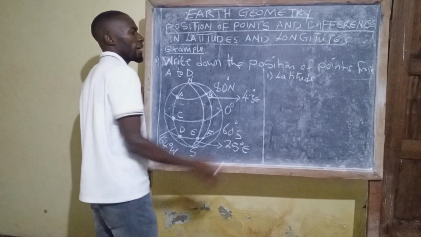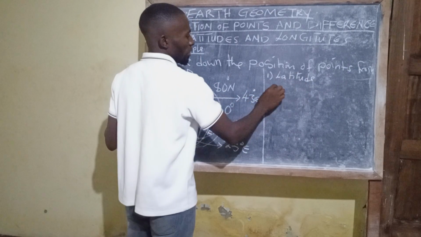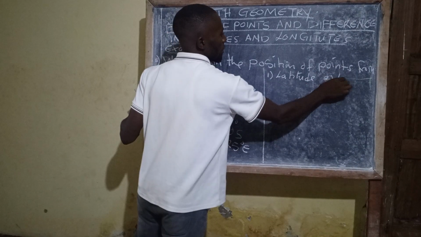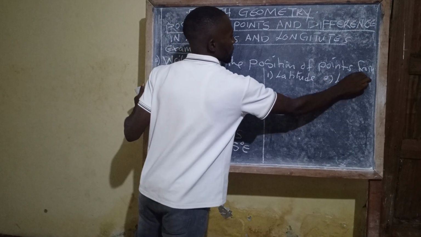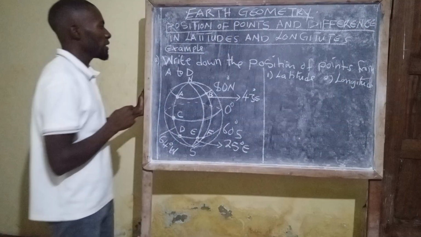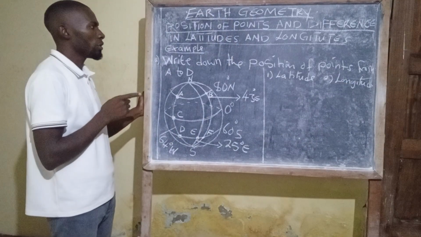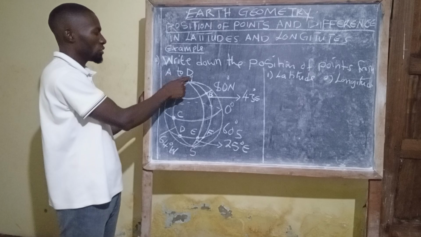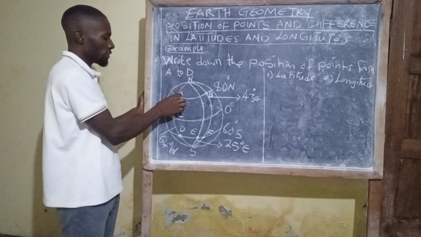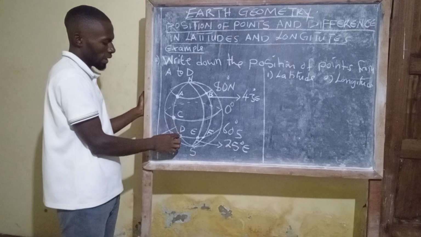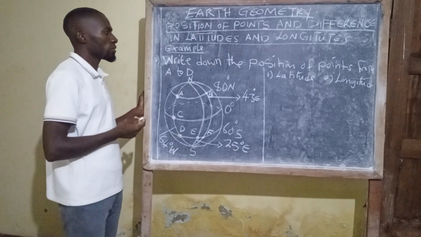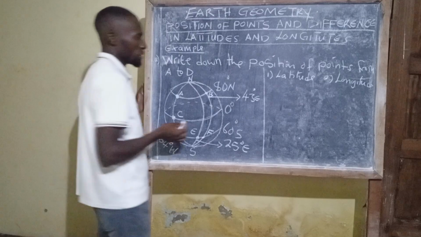Then after you identify the latitude, what follows is to identify the longitude. The question says, write down the position of points from A to D. So they want us to find the position of points A, B, C, and D. How are we going to write down the position of these points?